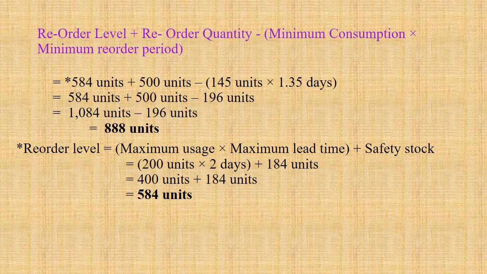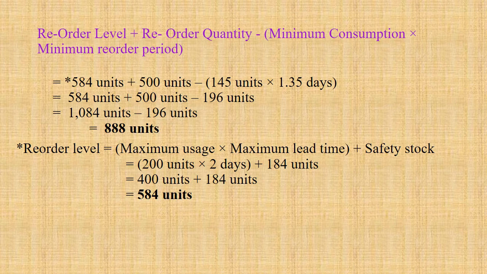We know that the formula for maximum stock level is reorder level plus reorder quantity minus minimum consumption into minimum reorder period. So first thing that we have to calculate is reorder level. Reorder level is maximum usage into maximum lead time plus safety stock.